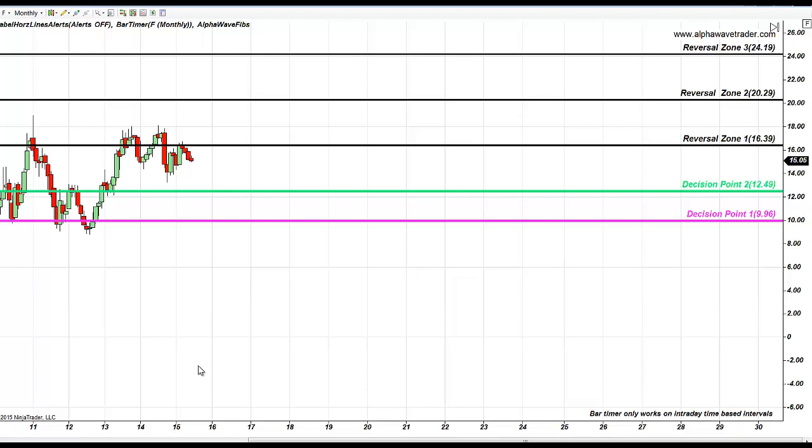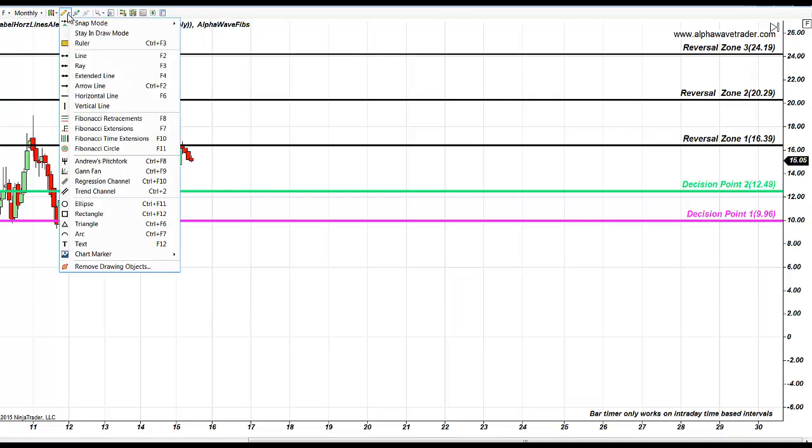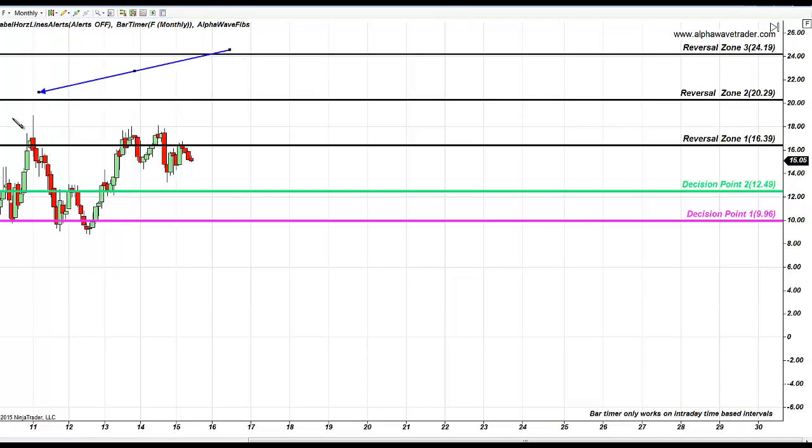How's that, KS? Is that clear? My pleasure, JM. Life is magic if you know Fibonacci levels. Life is magic if you play by the rules and know where reversal zone is. What is Ford monthly showing me?